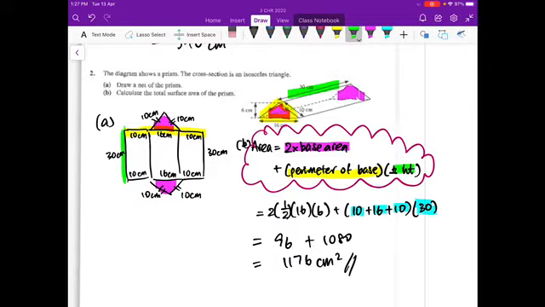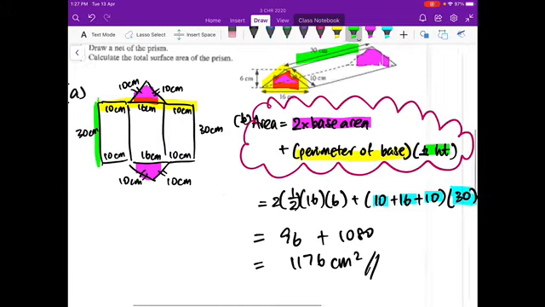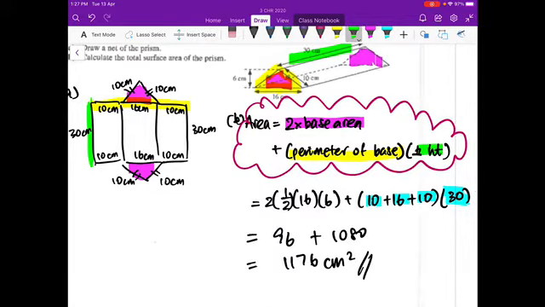So we have 2 of the purple triangles plus perimeter times perpendicular height, which is just a rectangle. Who needs more time? Cheryl done?